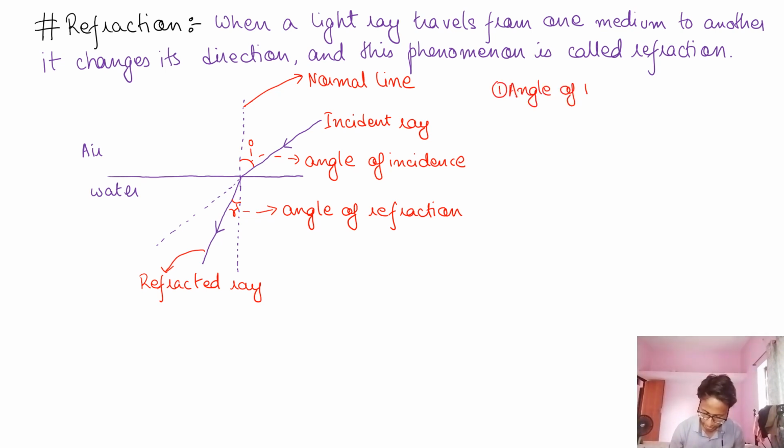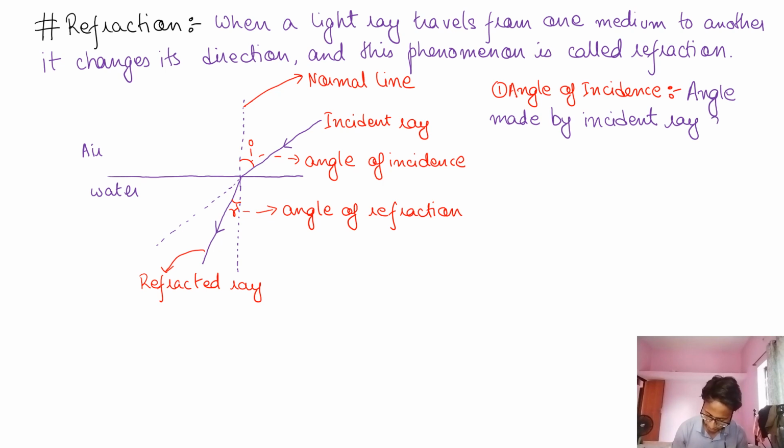Now what is the angle of incidence? The angle of incidence is the angle made by the incident ray and the normal. Similarly, what is the angle of refraction?